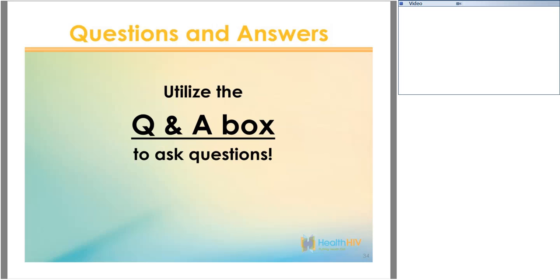Can a practice charge for HIV testing performed by a certified HIV counselor and tester when a patient presents for a test? Does the test have to be performed by a PCP?